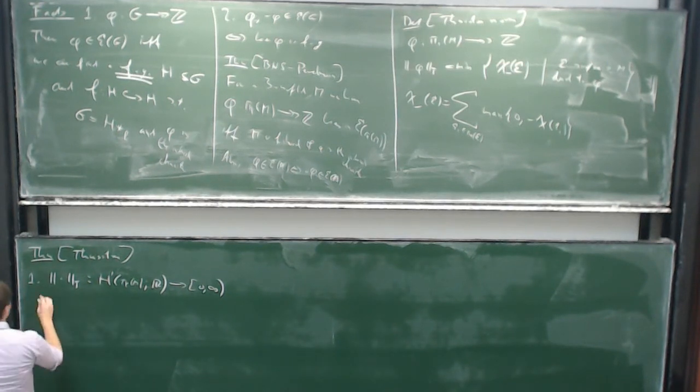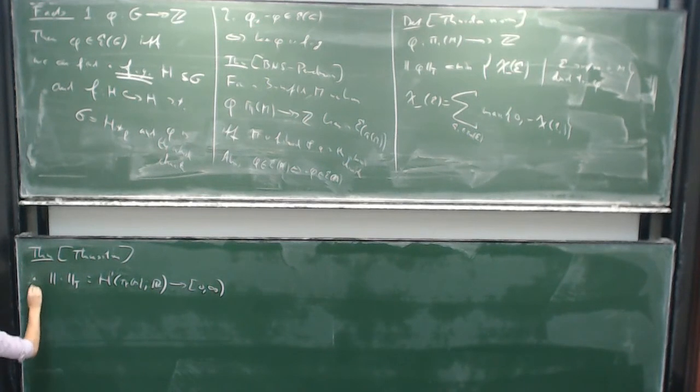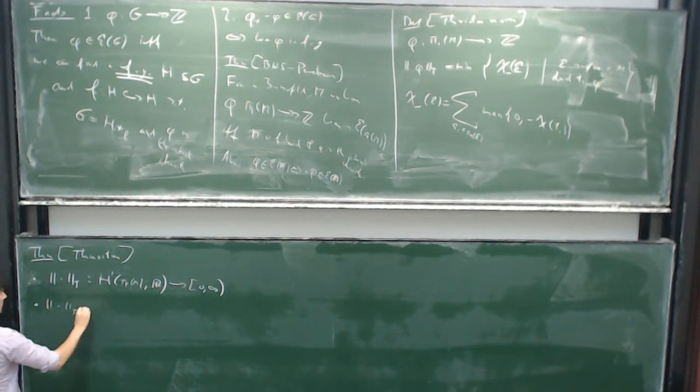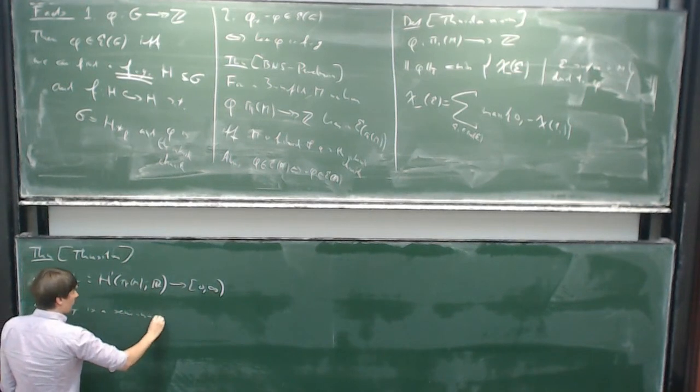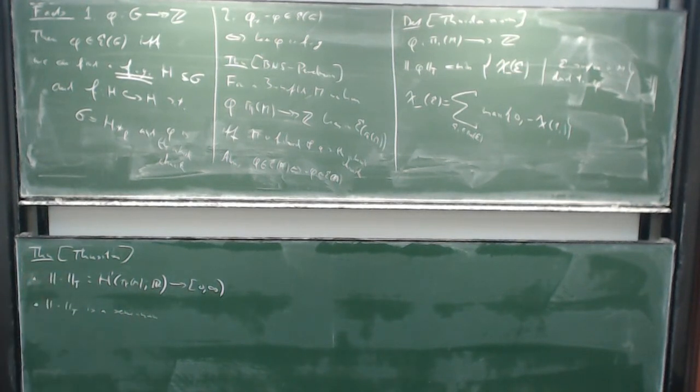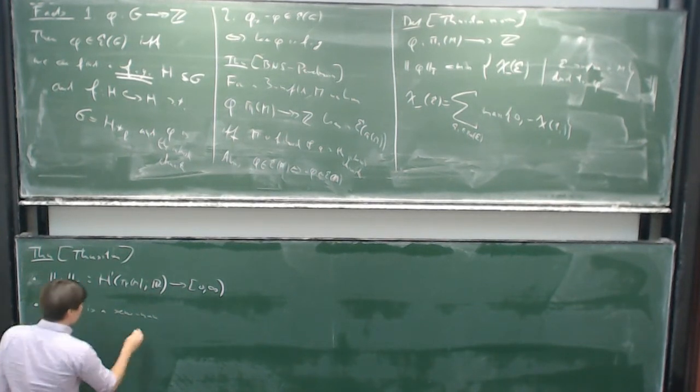Secondly, this is the Thurston norm, and in fact, it is a semi-norm. This is already non-obvious. You just associate a number to a character, and it doesn't have to have any properties, but it does. It's a semi-norm.